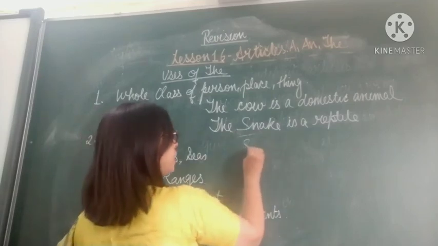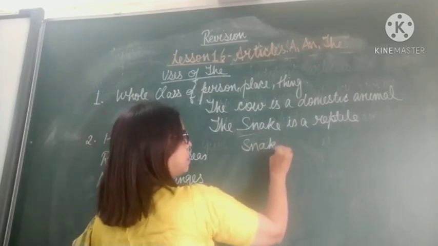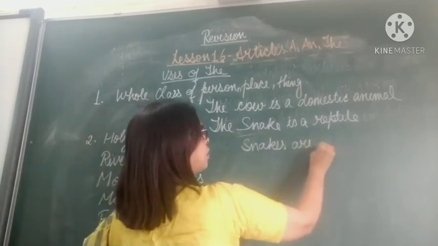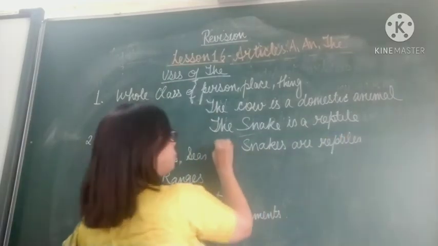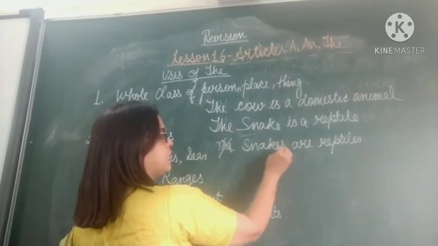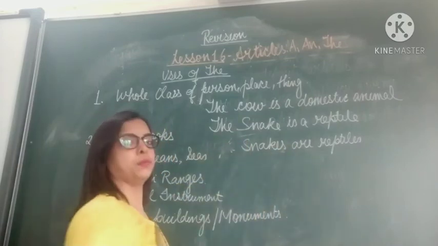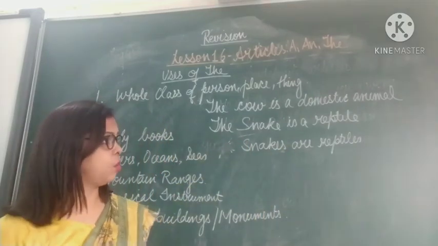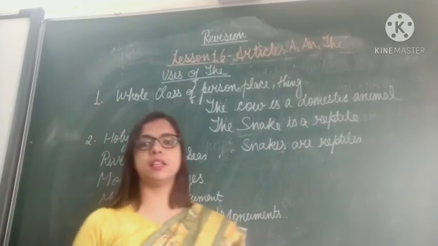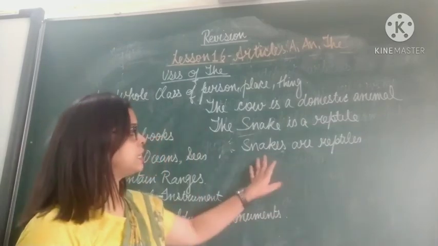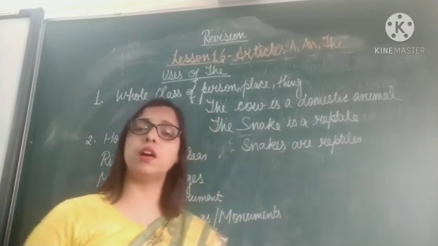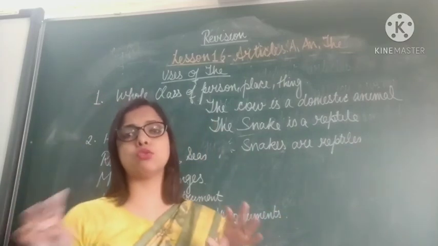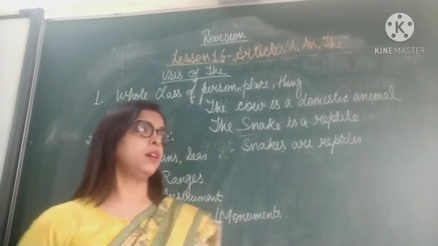Or you can also write: snakes are reptiles. Here don't write "the." When you write "snakes," don't write "the," because the meaning will be different then. Or you can write: the snake is a reptile, or snakes are reptiles. So we can use "the" to represent the whole class of person, place or thing.